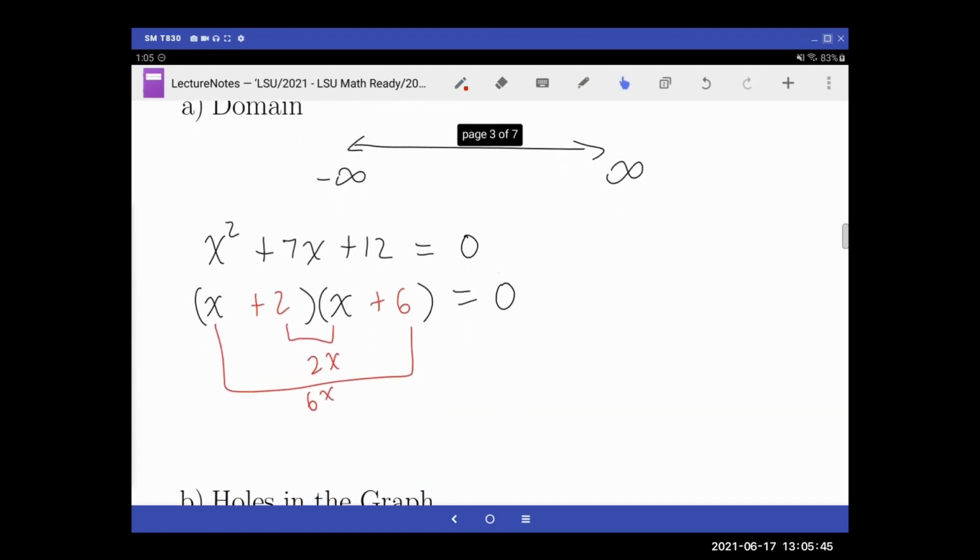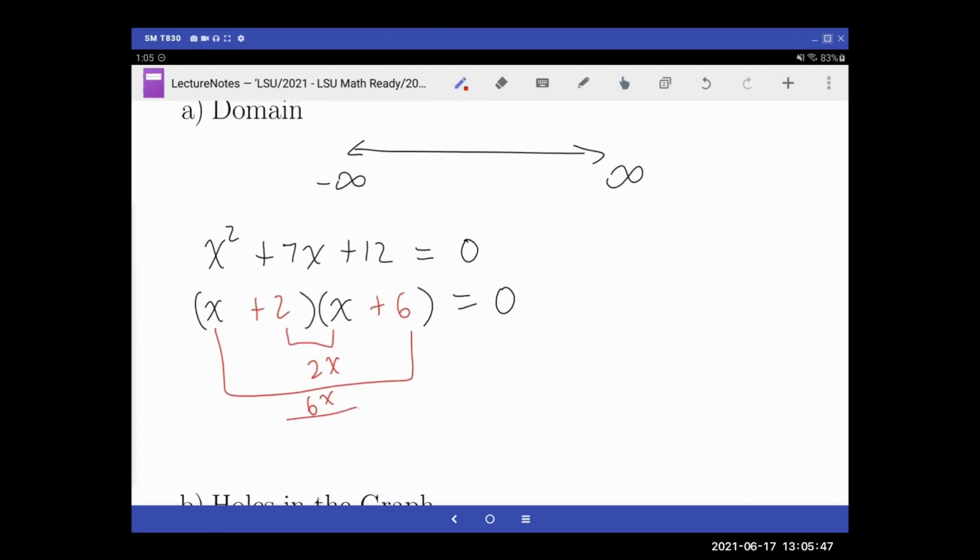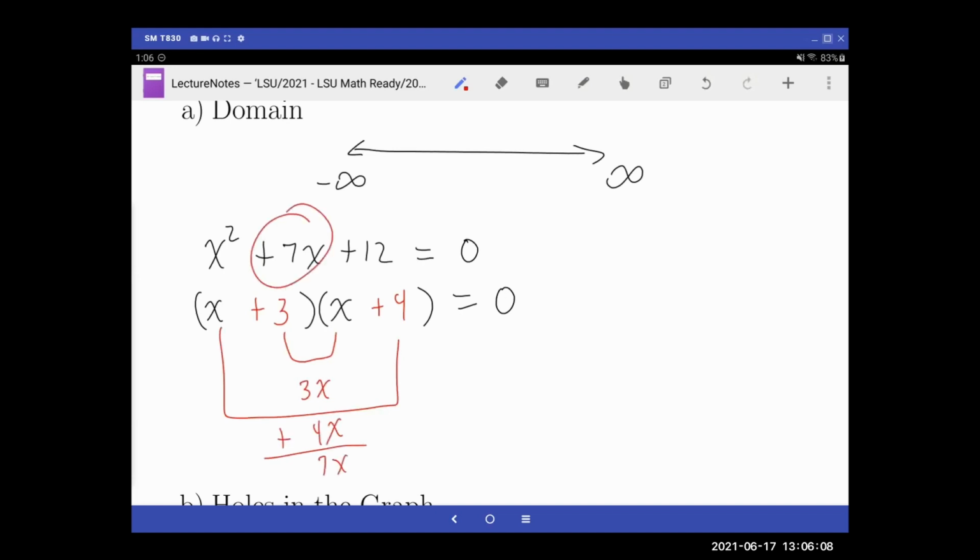If I add those together, I get 8x, which is not 7x. So I know 2 and 6 are not correct. That's wrong. So let me try maybe 3 and 4. There's my 3x, 4x, add them together, I get 7x. Okay, so 3 and 4 are correct. So I'm going to go with those two.